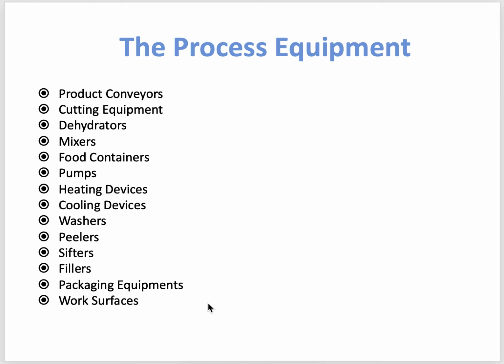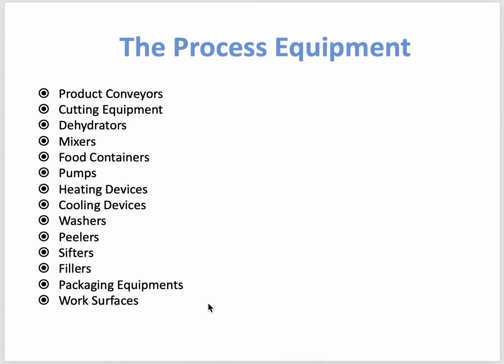Depending on the types of the equipment, you have to design the sanitation program. All the equipment that is used in the food processing plant needs to be cleaned properly and be under the sanitation program.